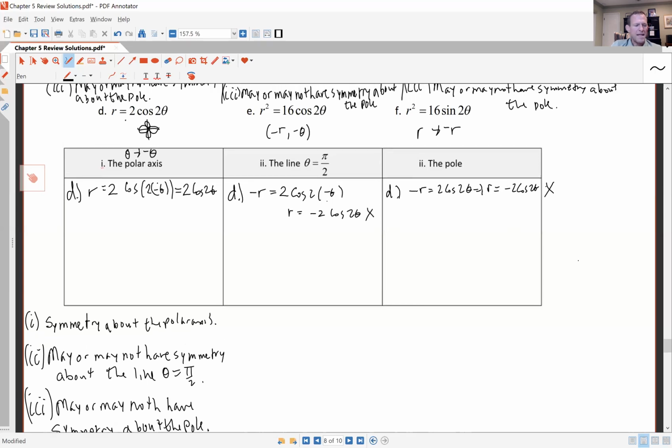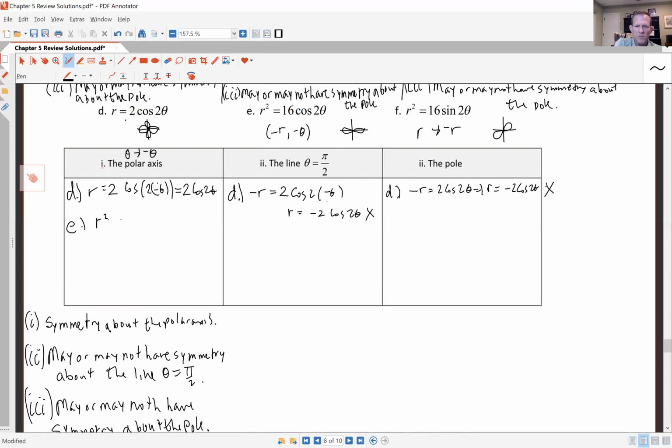All right. E and F, those were those graphs that we called lemniscates. So they look like this. Cosine was always symmetric about the polar axis. And in this case, the sine one looks like it's going to have symmetry about the pole. All right, so letter E, we replace theta with negative theta.